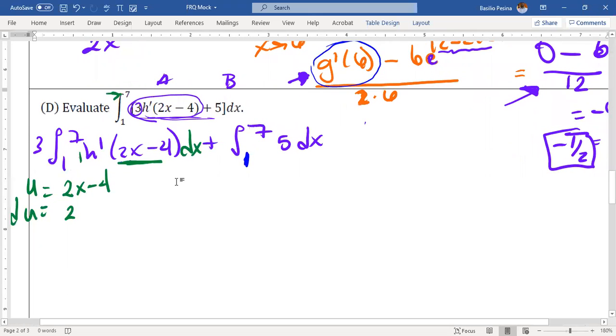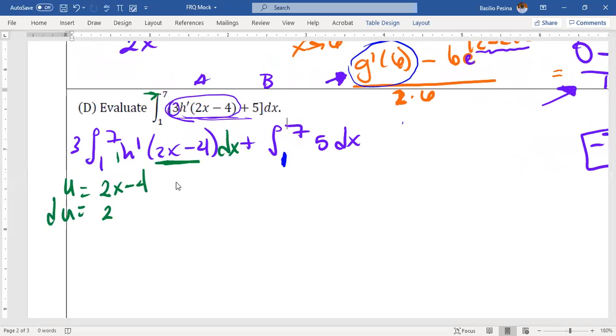Okay, sure. So what I want you to see is that I can go ahead and make this easier on myself, because I've got H's, I've got X's, so much stuff going on, but I can make everything in respect to u if I integrate. If I derive this, it became my u, and if I derive my u, it became my du, but I don't see a 2 anywhere on this function.